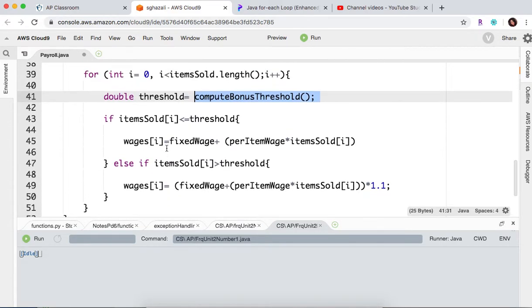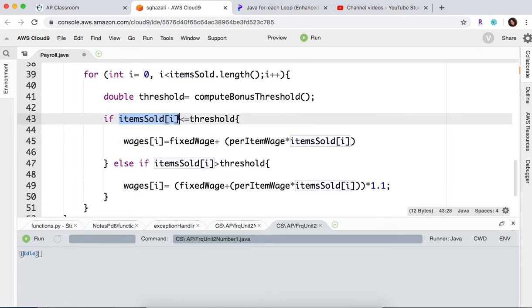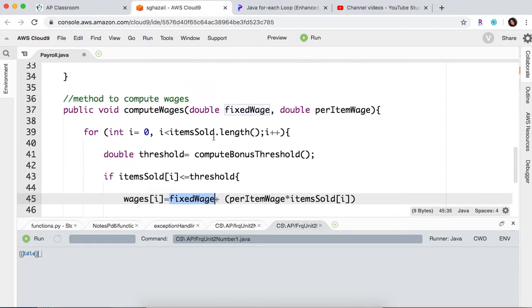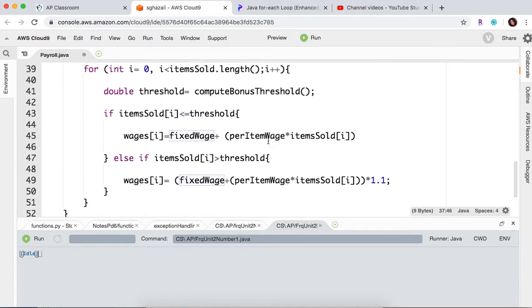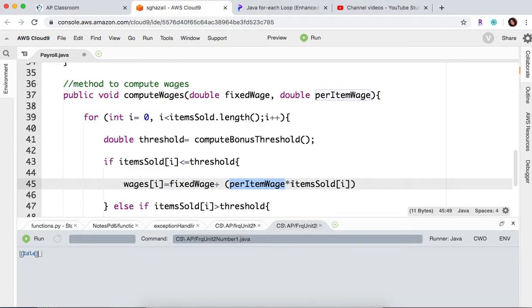So now for the calculations for their wages, there are 2 ways to calculate the wages, depending on if they made the threshold or not. So if itemsSold[i], meaning the element at i, is less than or equal to the threshold, then that corresponding element in wages is going to be equal to the fixed wage, which comes from here, plus the per item wage times how many items they sold, so itemsSold[i], okay?